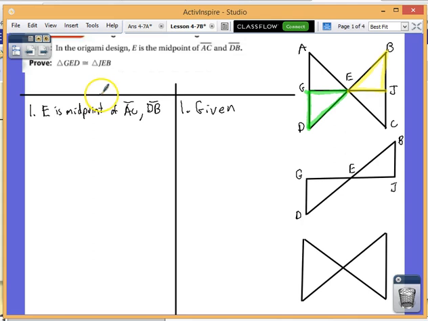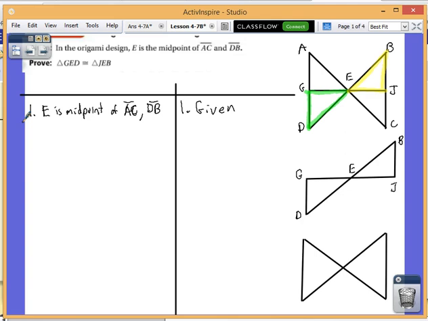And the only thing that they've given me is two segments that share a midpoint. And I know that I'm trying to eventually prove triangles congruent, so I know I'm going to need to start collecting information about sides, and I'm going to need to start collecting some information about angles.